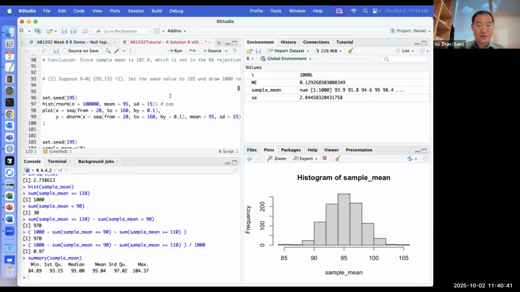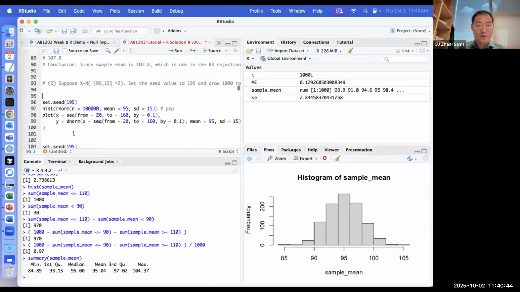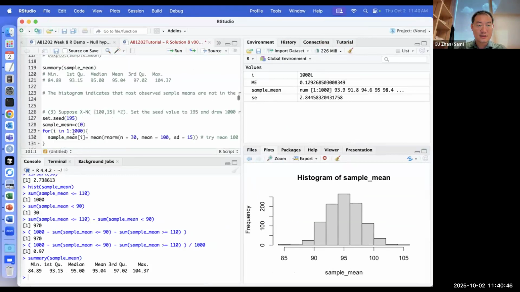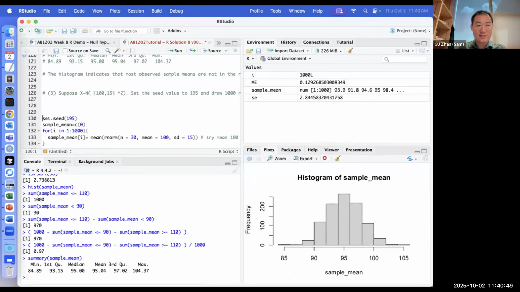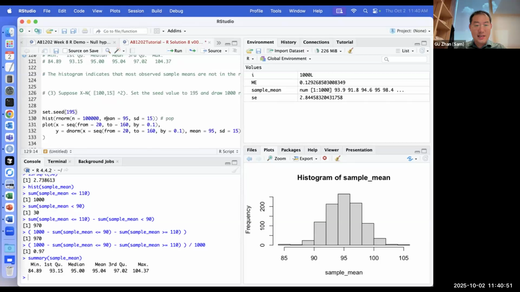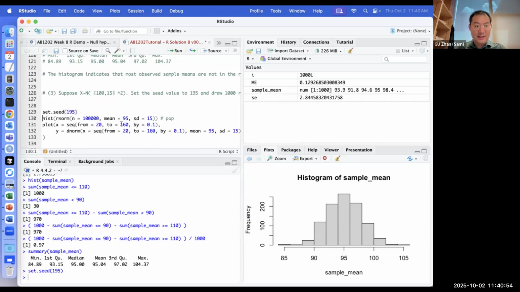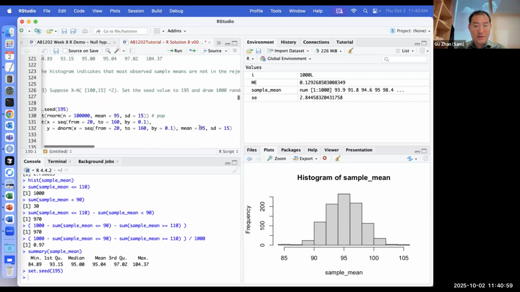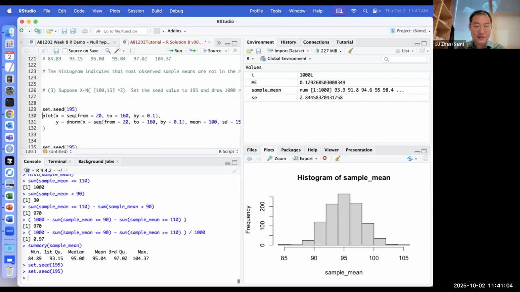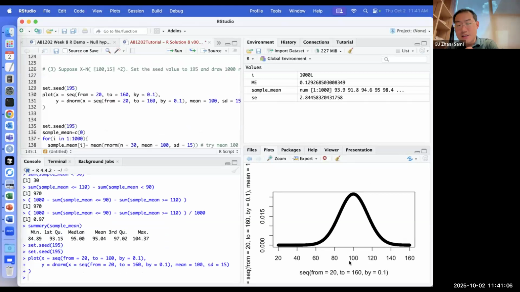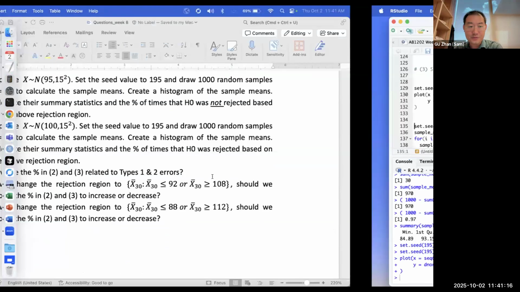Then we do this again. Now your mean value, instead of 95, becomes 100. So we set the seed and populate. So now this is your 3.3 population distribution. It is centered at 100 with a standard deviation of 15.